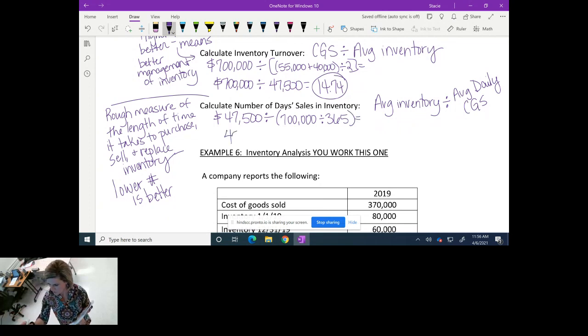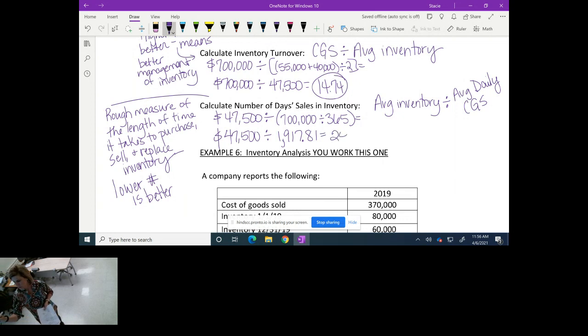So that equals 47.5 divided by 1,917.81. Leave your decimals alone. It's okay. I wouldn't round anything until you get to your final answer, because you could have one digit wrong. I've seen that happen with my online students.